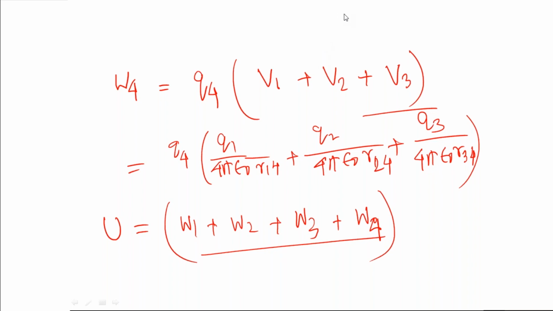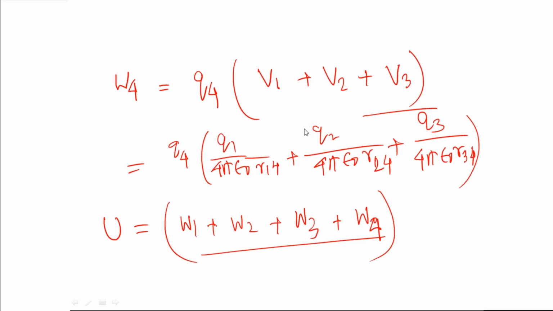Because you might be asking why it is. You can do it mathematically, you can just do and see, but otherwise also, this is a conservative force field. So work done does not depend on path for a conservative force field.